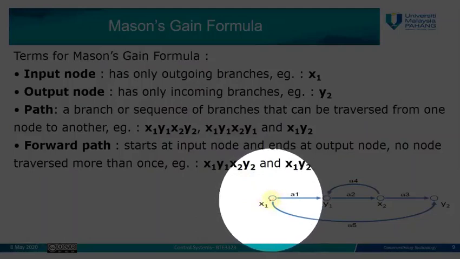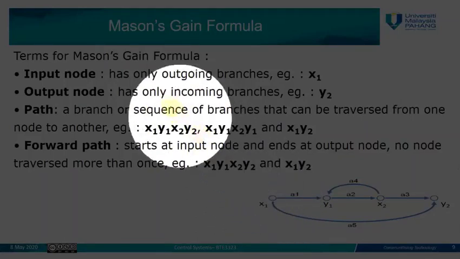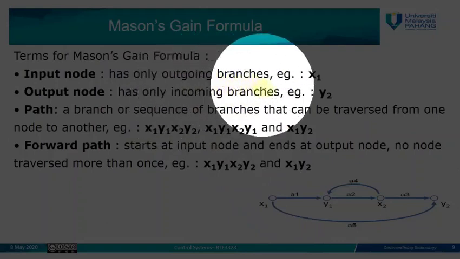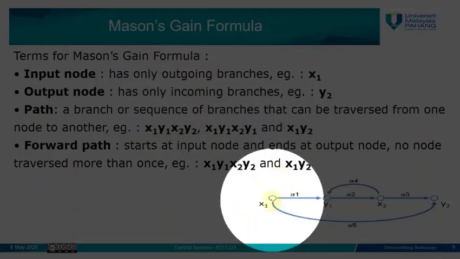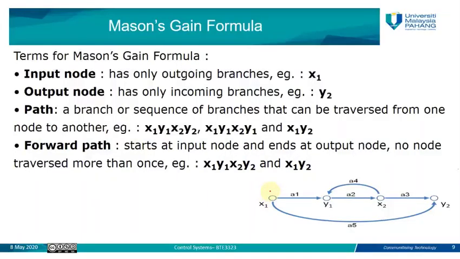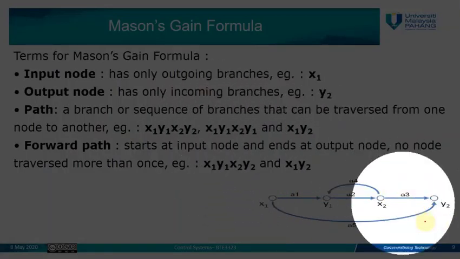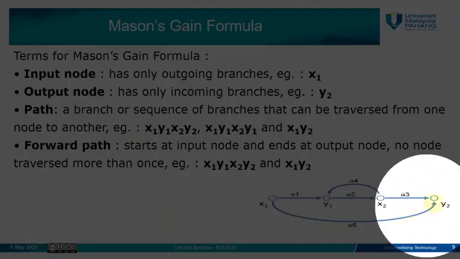It starts from the input point, as we mentioned before in the previous example, when we say RS represents the input node. So for example, in this case, X1 represents the input node. Then the output node only has incoming branches, so it represents the output of our system. So Y2 in this signal flow graph represents the output node.